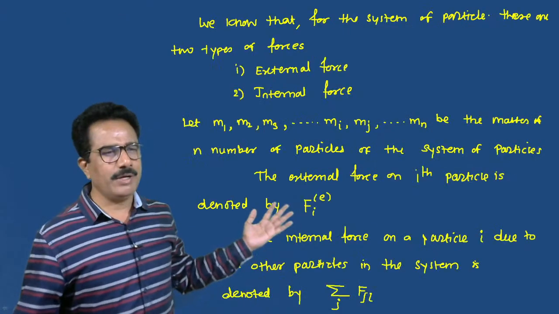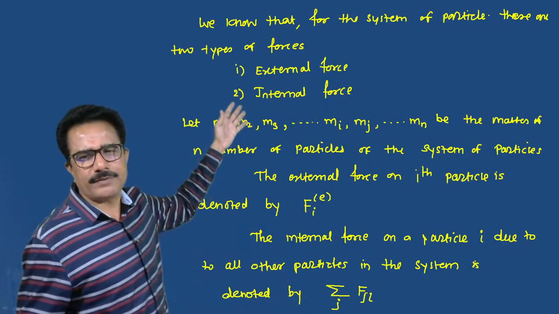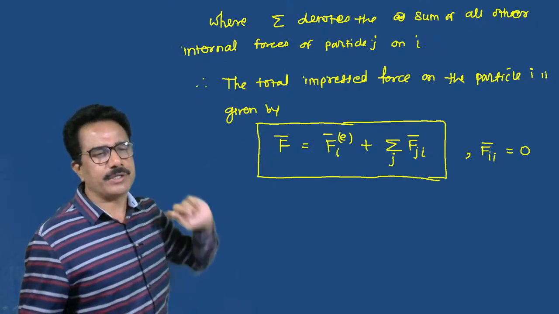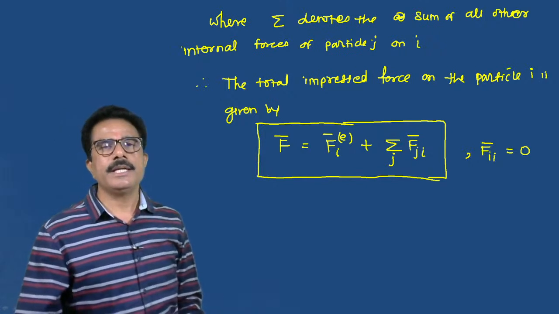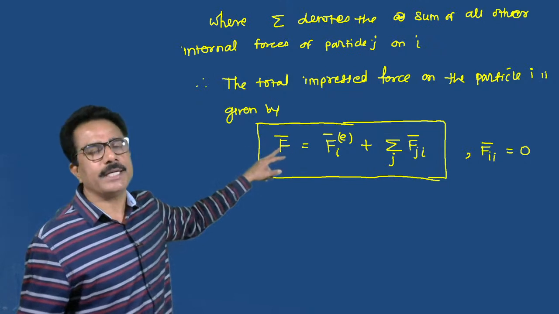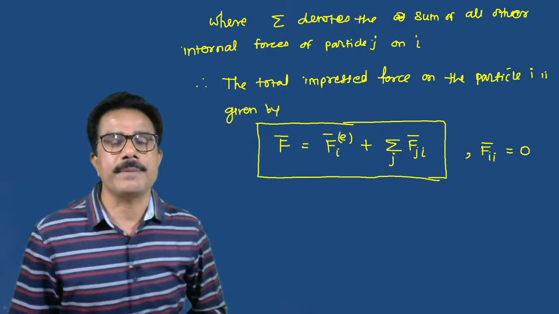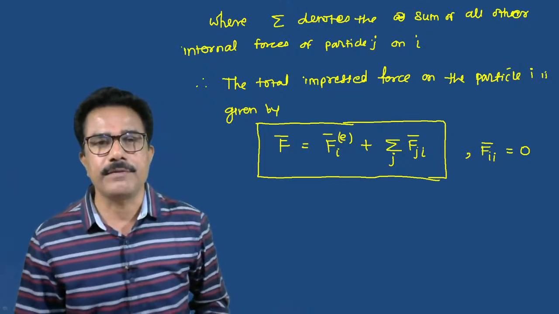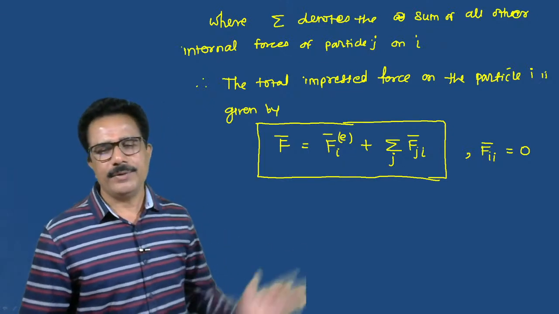So we have seen external force and internal force, and F bar is equal to the external force on a particle plus the summation of all other internal forces of particles on i. We have already seen this. Now we shall discuss the theorem based on this. What is that theorem?